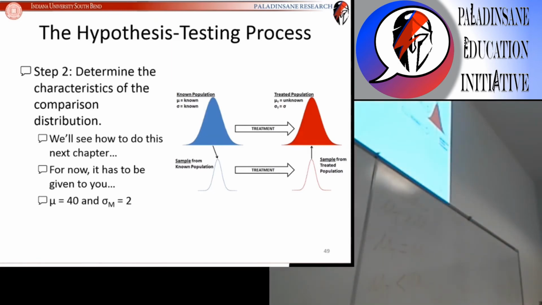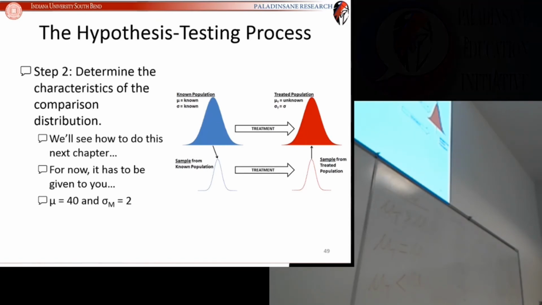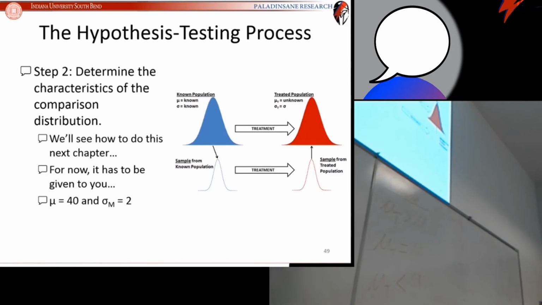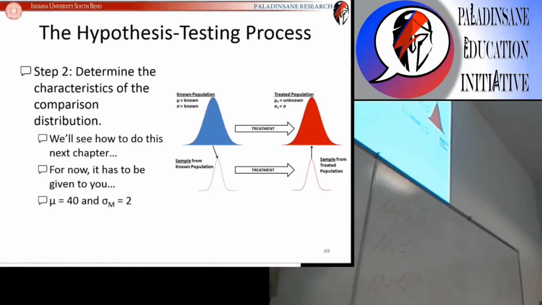Importantly, however, this is not in your textbook. This is not in a table. You don't have this anywhere. So we are going to have to convert that into z-scores, so we can look it up on a z-score table, so that it has a mean of 0 and a standard deviation of 1.